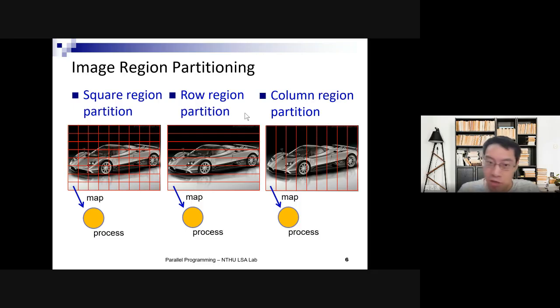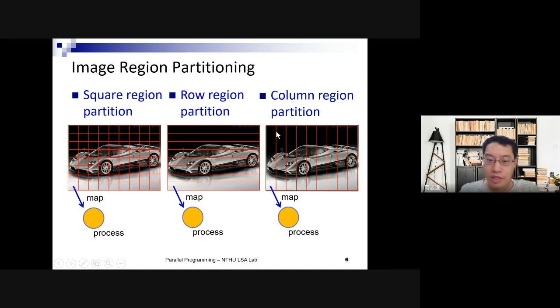Also, in some cases, after you do the partition, maybe you need to exchange some information before you can do the computation on those tasks or partitions. So the amount of information you need to exchange may depend on the length of your boundary.